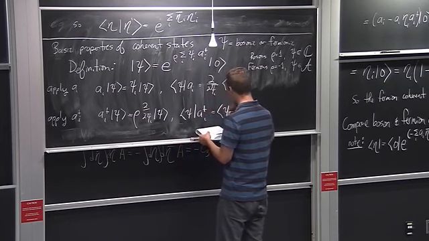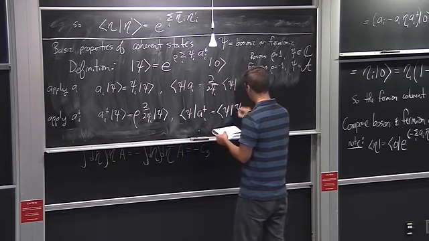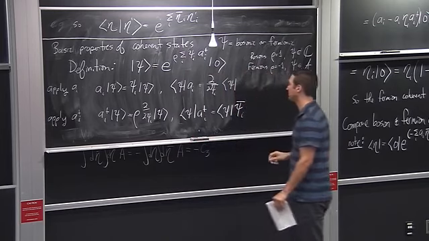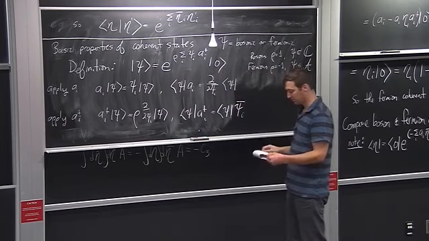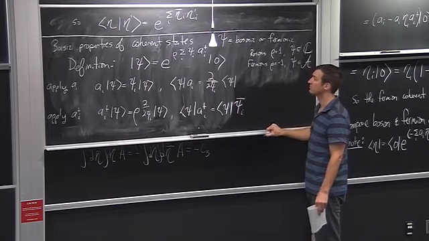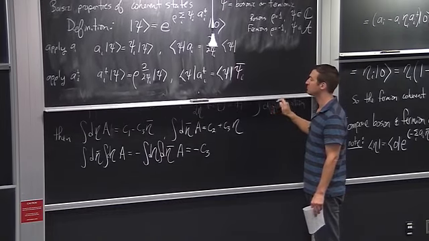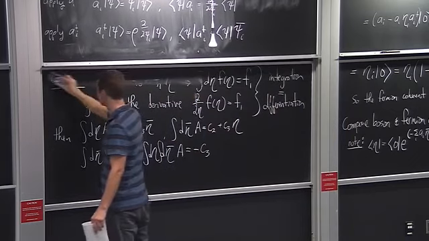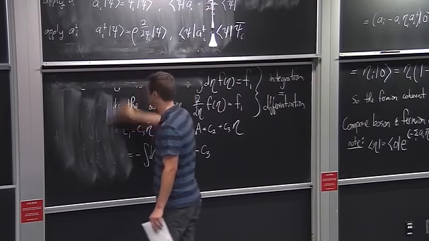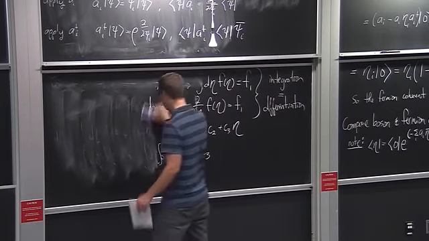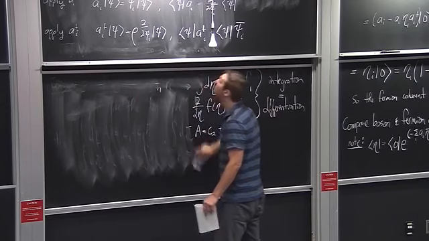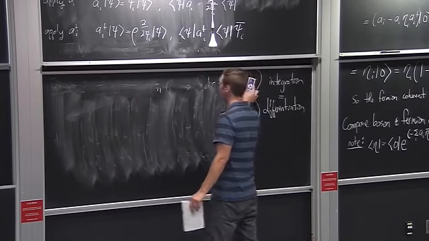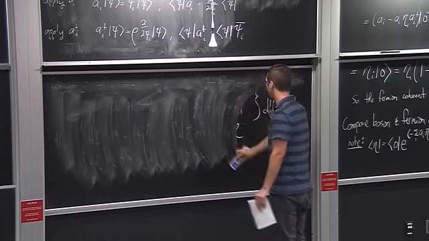Operating backwards, you get what you want. The overlaps are of the same form. No minus sign in front, so you don't have to worry about that row.